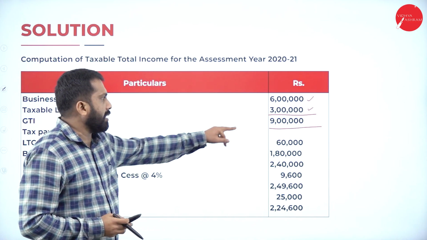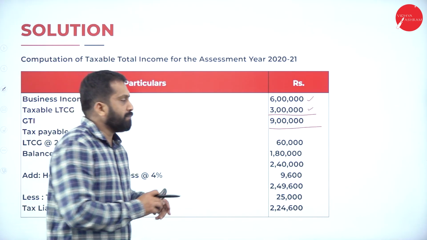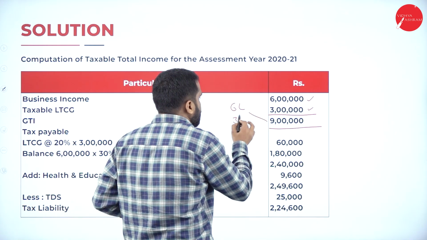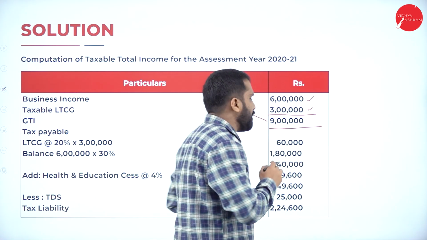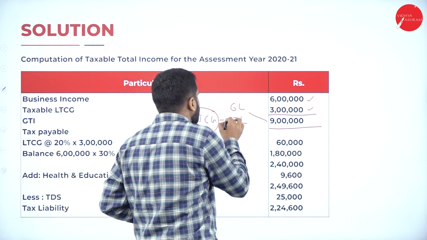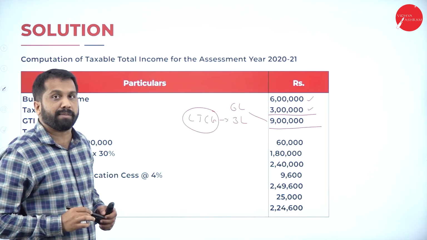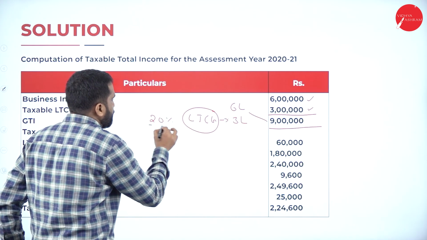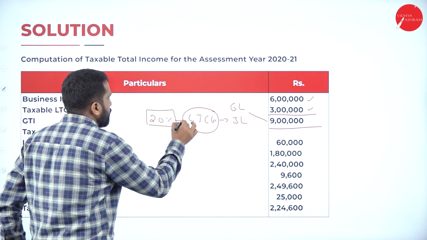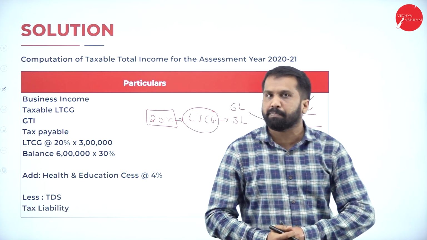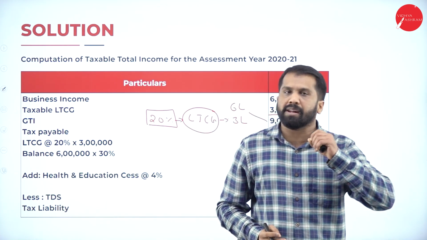You cannot calculate tax on 9 lakh together, because in this 9 lakh, 6 lakh is separate and 3 lakh is separate, because this is long-term capital gain. Long-term capital gain, always what is the percentage? Always remember the percentage is 20%.